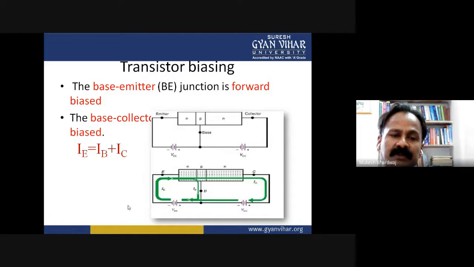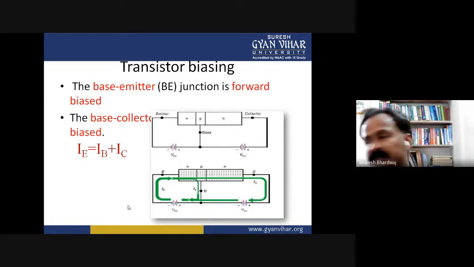Then the emitter current equals collector current plus base current. According to Kirchhoff's current law, the incoming current equals the outgoing current. So at the junction, the current coming from the emitter side is equal to the base current plus the collector current.